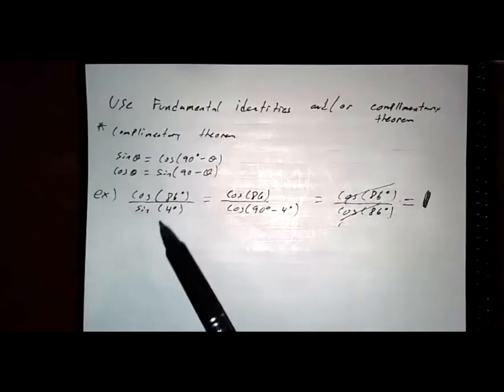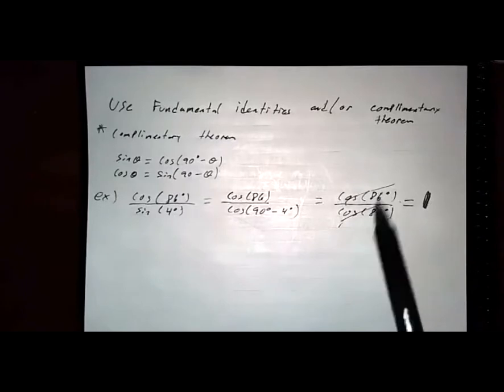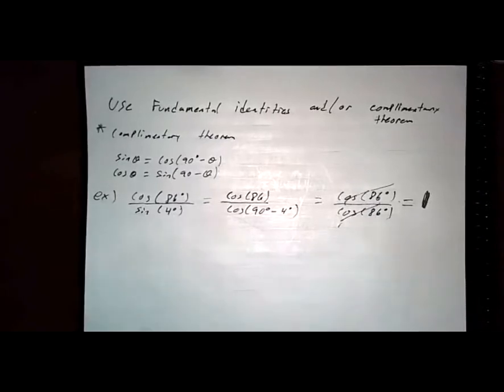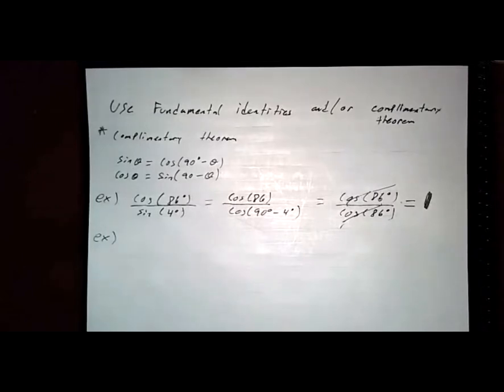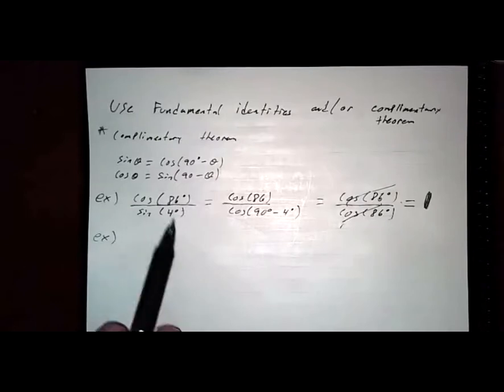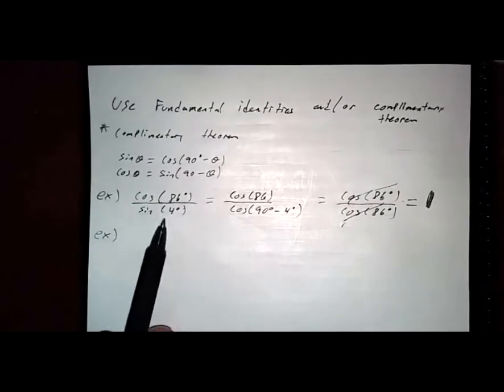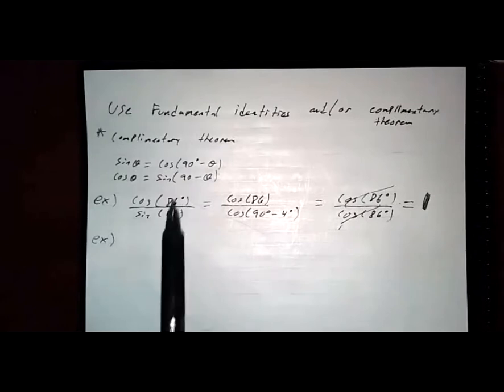So this is showing us that this is actually the same thing by using the complementary theorem. Since you have complementary angles that sum to 90, you can always shift back and forward. You can shift anytime you want if you have a number. But when you see something that adds up to 90, that's a hint that, well, maybe I can do something.